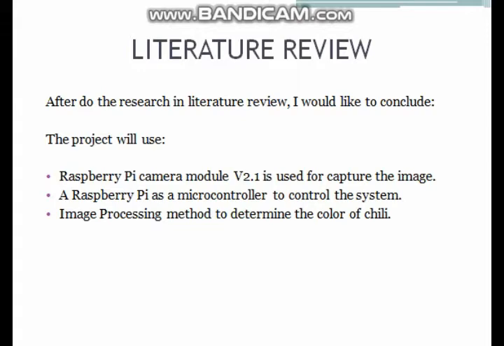After doing the research in the literature review, I would like to conclude that my project will use the Raspberry Pi camera module V2.1 to capture the image. The microcontroller used to control the system is a Raspberry Pi, and the image processing method is used to determine the color of the chili.